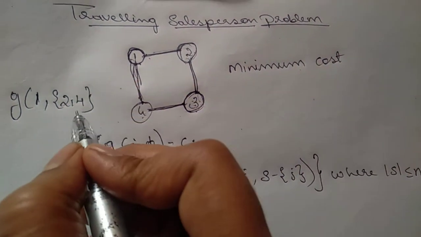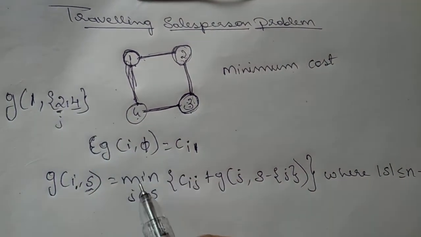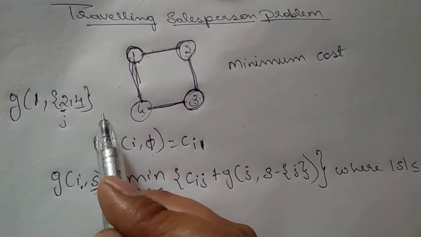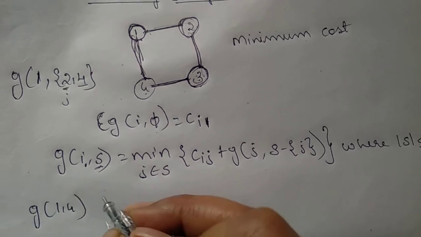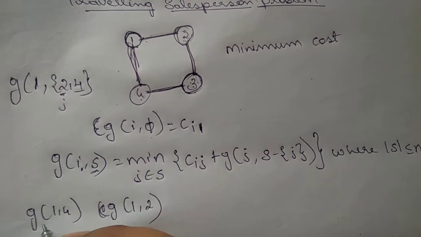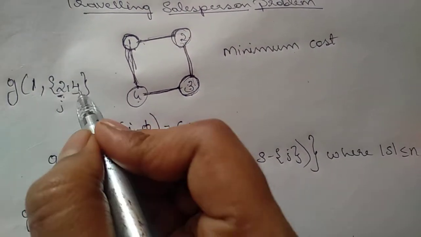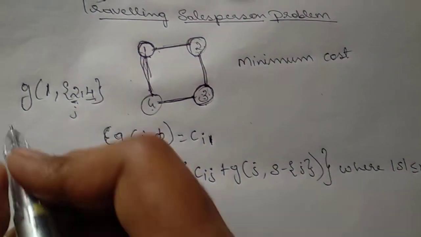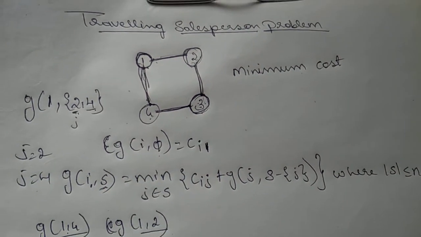Here each vertex is a j, because you cannot solve it as {1, 2, 4} together. You have to take g of 1, 4 first and then g of 1, 2. You have to solve these two separately. So 2 and 4 taken separately will be j, where j equals 2 and j equals 4.